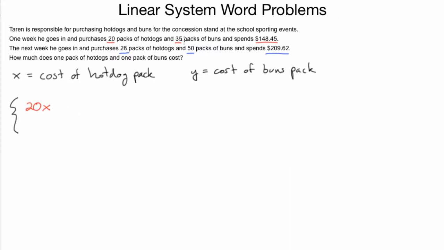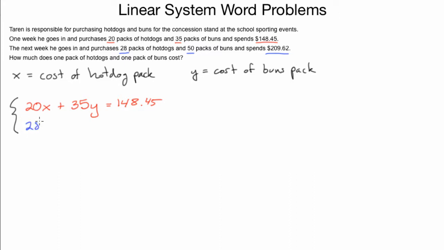I added to that 35 packs of buns, so there's more that I'm paying out. I'm paying for 35 buns, and they all had a price of y dollars. That's y is the cost of a buns pack. And the total, when I bought my hot dogs and buns, they both added up to equal a total of $148.45.